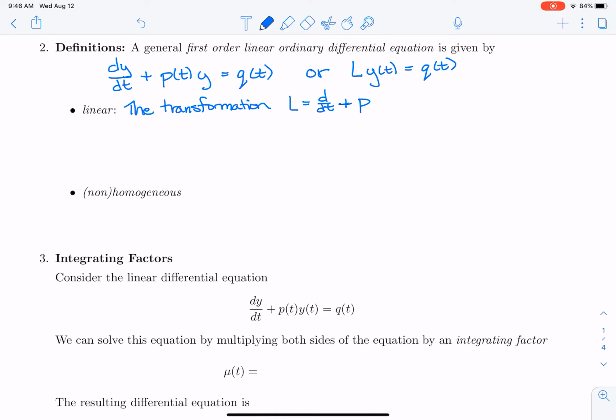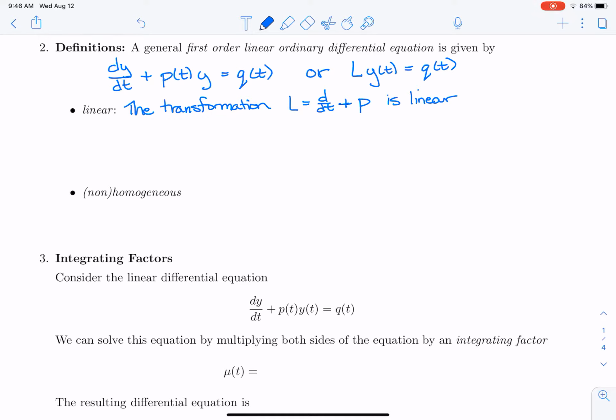And that transformation is linear. So essentially, what I'm doing to y on the left-hand side of the equation is a linear transformation, in the sense that you learned in your linear algebra class.